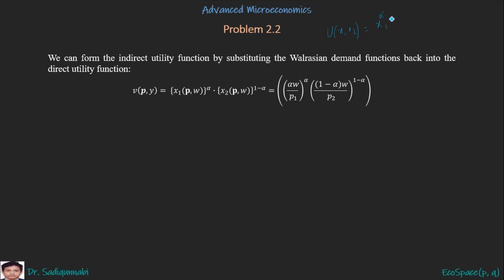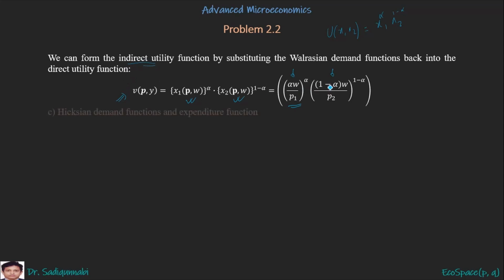So here x1 is this and x2 is that, the values we have seen in the last slide. Putting these into this equation we get the maximum value function, which is also called the indirect utility function.